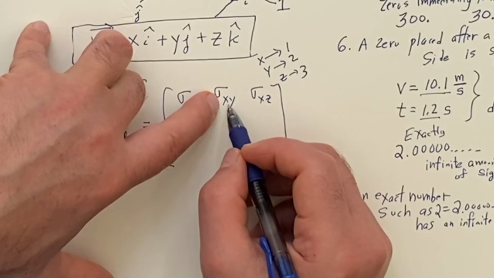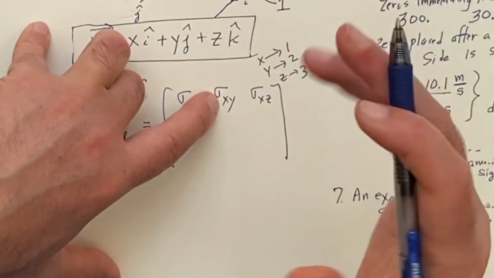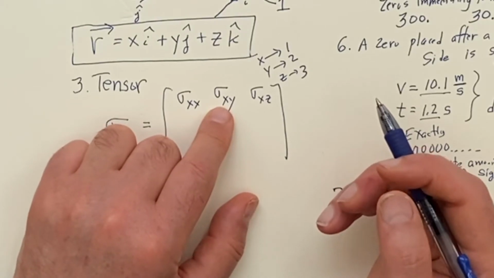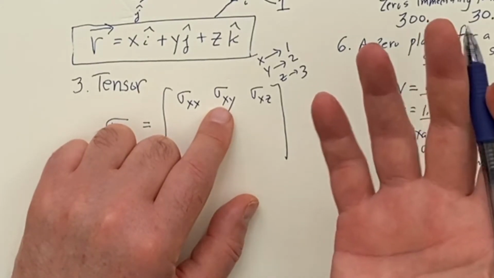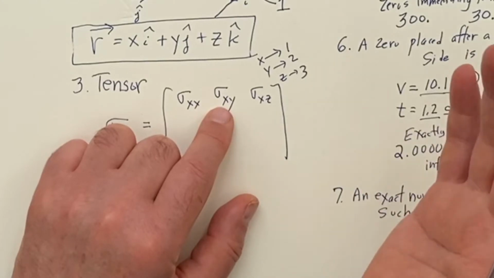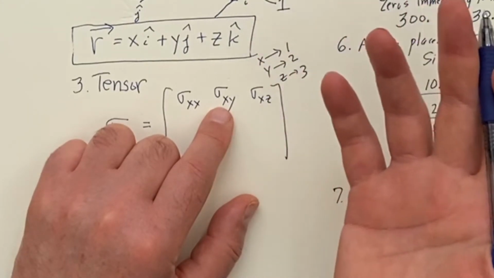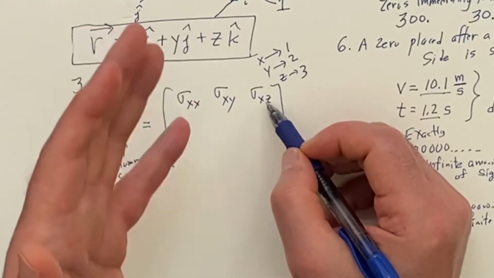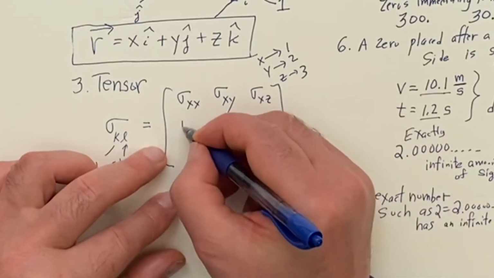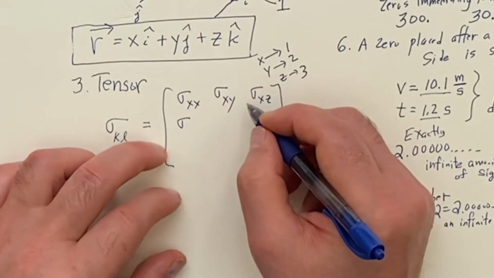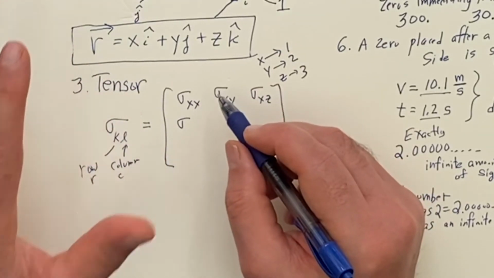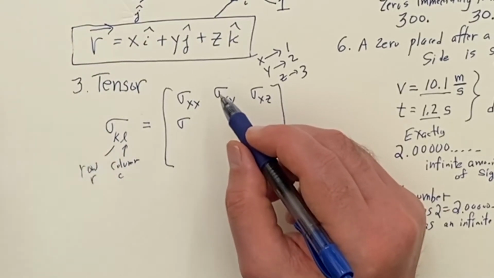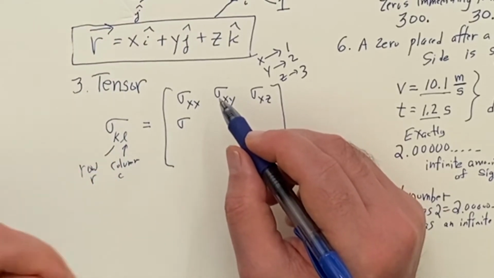But in general, because that board can be at all kinds of weird angles, this would be that X component of force operating in the Y direction of that board as the board is changed. And then this is the X component of force operating to do some other kind of stretch. So I think the simplest way to think about it is that each force, there are 3 of them, has three effects on the board in terms of pushing it and stretching it one way or the other.